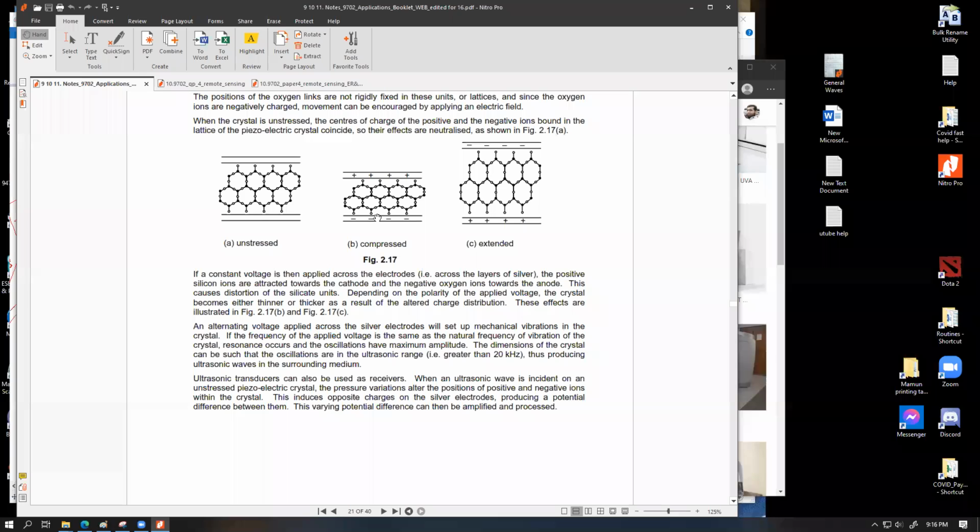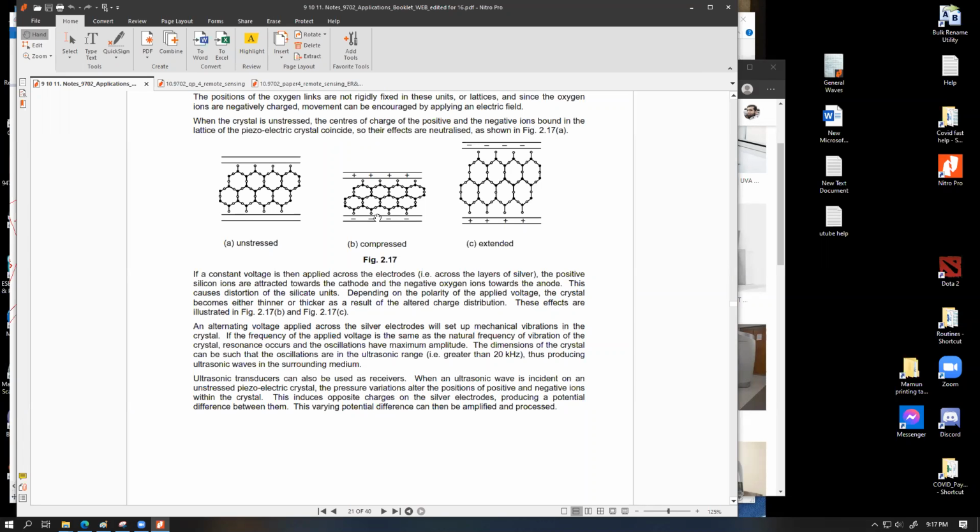Then if we stop sending the voltage and wait for the reflection to come back, ultrasound pulses will be reflected off multiple different locations. I'm going to talk about them in a bit. As they come back to this silica crystal, that reflection is going to set up vibrations, compressions and rarefactions within the silica crystal.